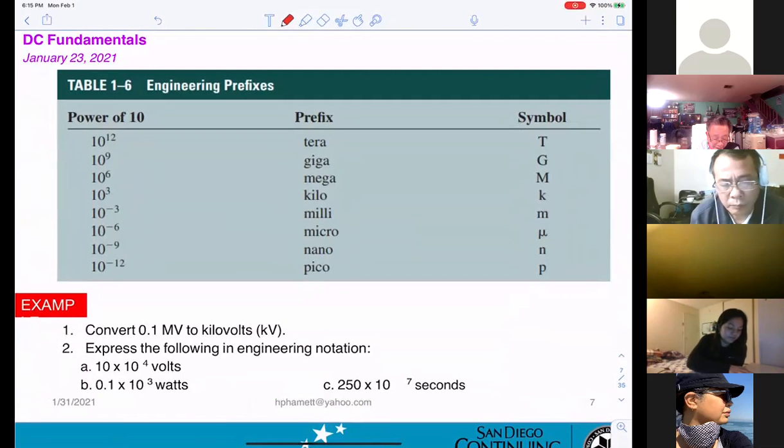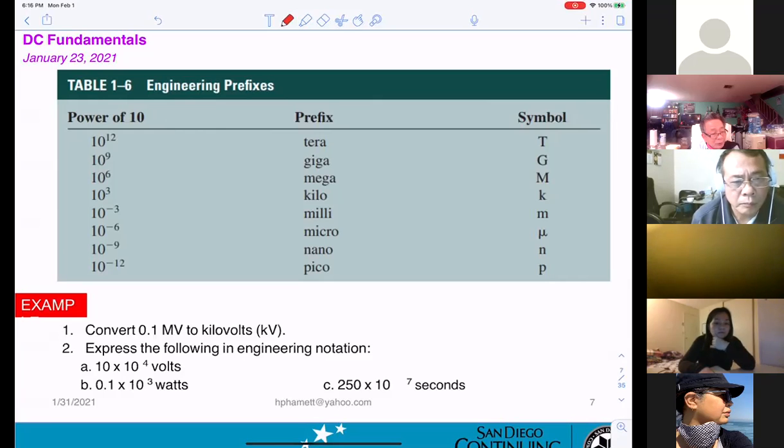When you get 10 power of 12, they call it tera, power of 9 is giga. It looks like when you go to buy a computer, they ask you how much memory you want. You say a gigabyte. Giga means 10 power of 9.